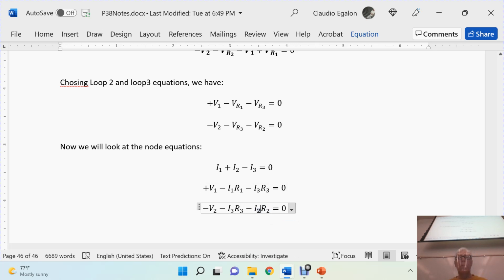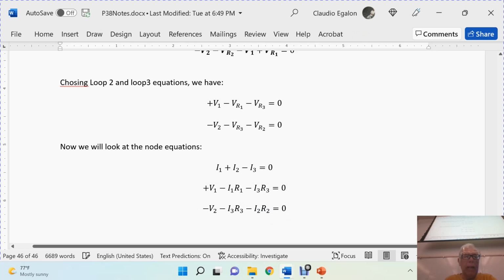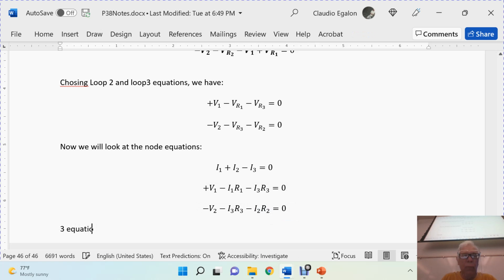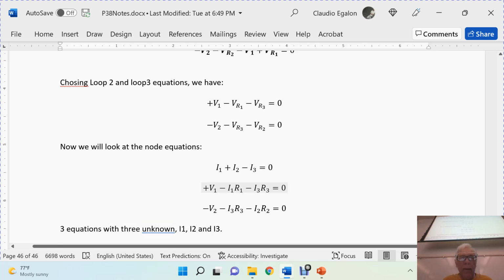Now we have three equations. I'm going to highlight which is known and which is unknown, with three unknowns. The unknowns are I1, I2, and I3.